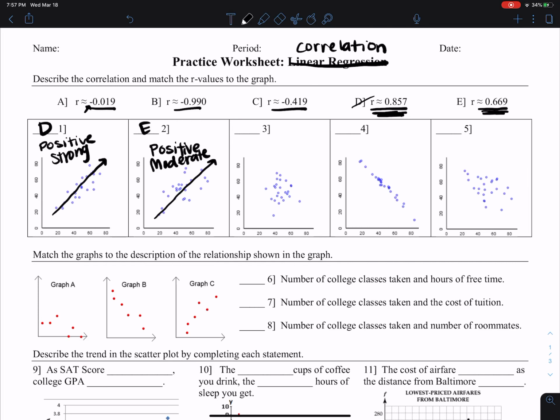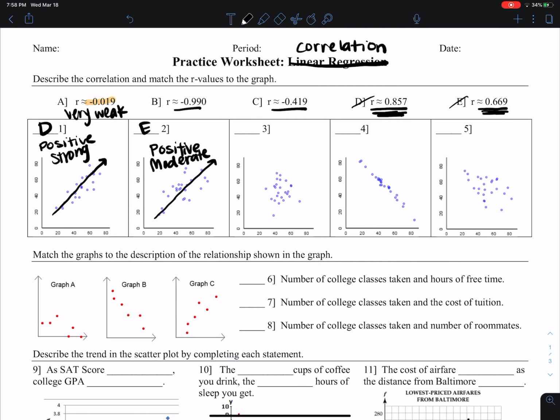So we have these two done. Now we just need to match the rest. On A, this number is super close to 0, like 0.019, so this is going to be a very weak correlation.